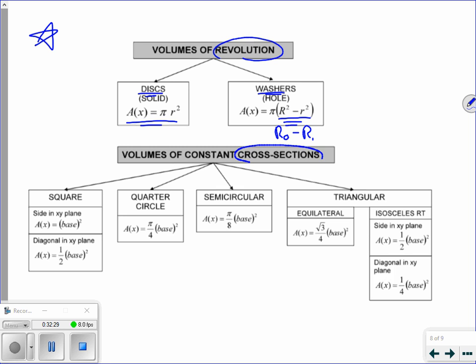And then I also put a cross-sectional summary chart. So a cross-section, if it was a square, quarter circle, semicircle should be pi over 2. That was a typo. Equilateral triangle, isosceles right triangle, and a diagonal in XY plane, which we never do that. But here you go, little summary chart.